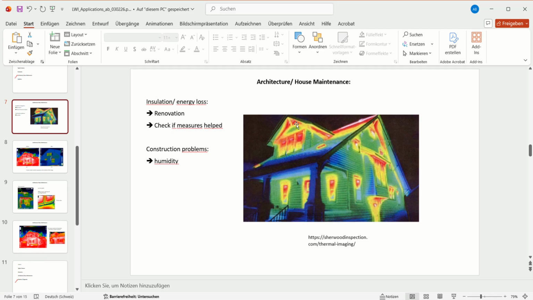But here you also see that under the roof quite a bit of heat is gonna escape, which is something that can be improved in a house. And another problem that can be looked at is humidity. It's a bit harder to detect, but often on flat roofs, for example, if you have lots of heat in a spot, it could be humidity that has to be looked at.